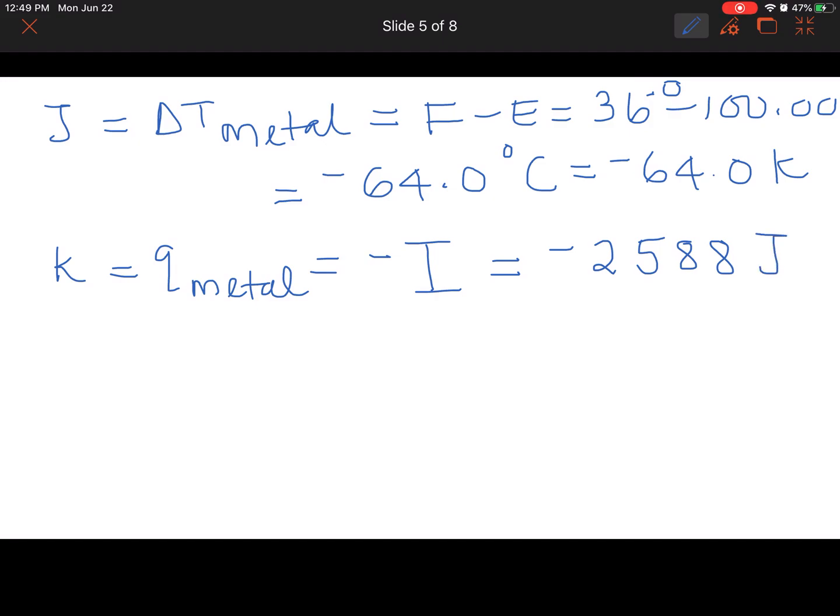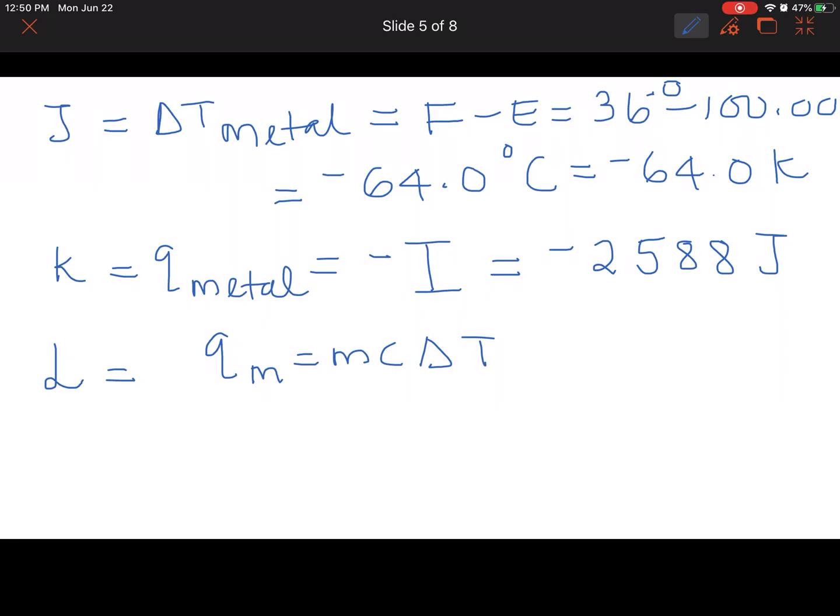Okay, that's going to be the Q metal. And then L is that you need to find out the specific heat of the metal sample. How do you find that? Again, we're going to use this equation Q equals mc delta T, mc delta T for the metal.